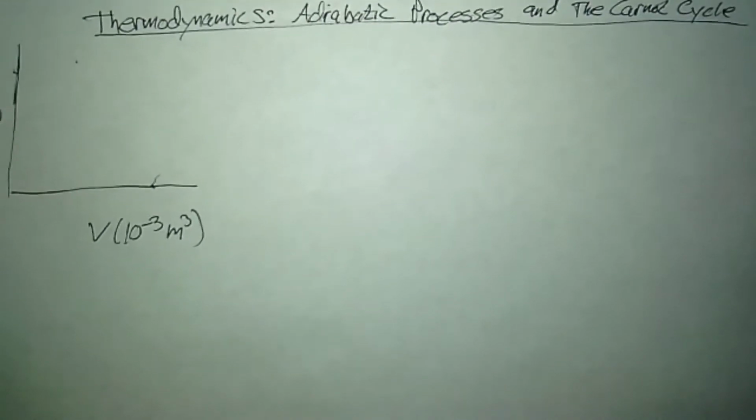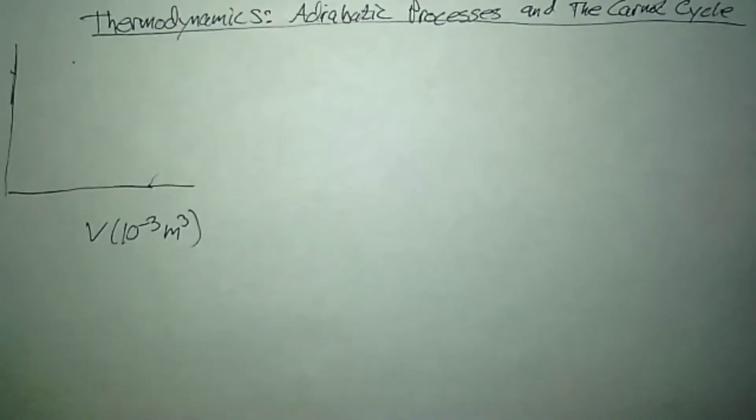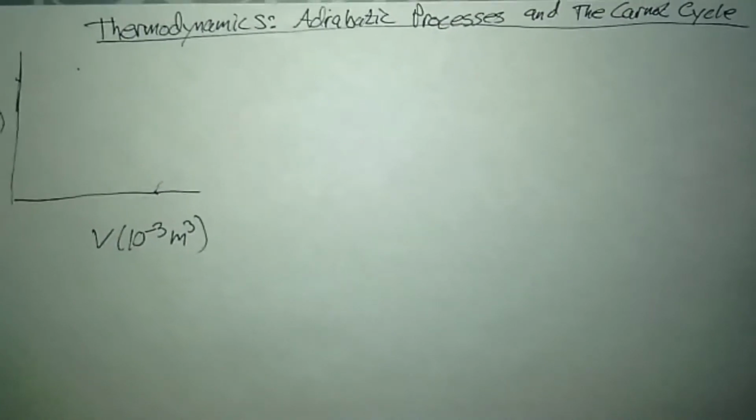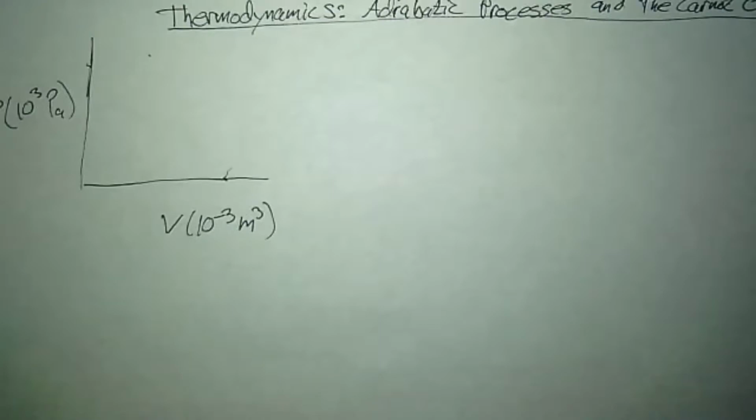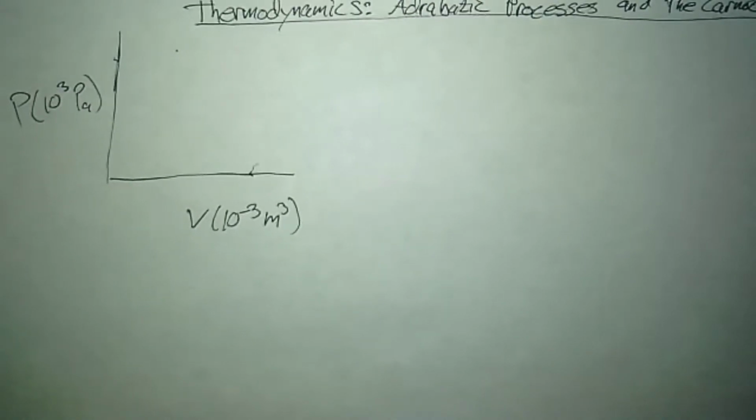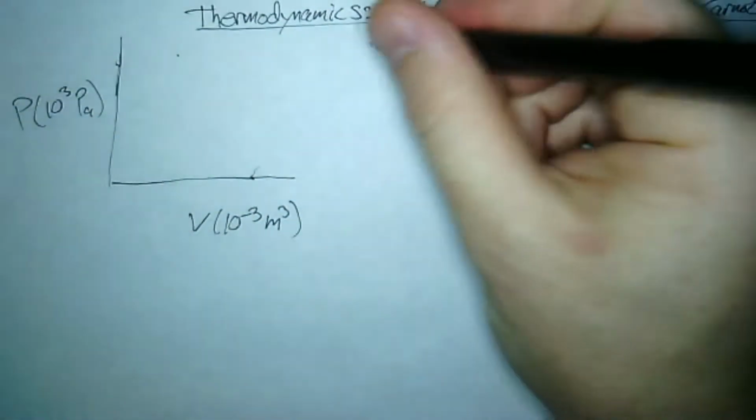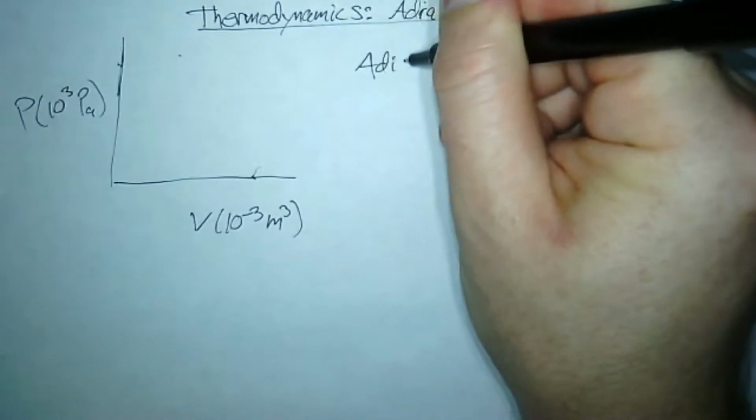And we're back, guys. I'm going to talk about, like I said, adiabatic processes or adiabatic curves and the Carnot cycle. So I've already drawn this axis because of the other video. So an adiabat is a process with constant heat.